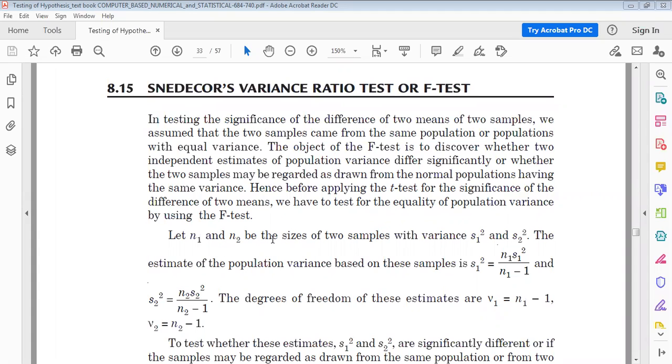Let n1 and n2 be the sizes of two samples with variances s1 square and s2 square. The estimate of population variance based on the sample s1 square will be n1 divided by n1 minus 1 times s1 square, and s2 will be similar. The degrees of freedom v1 is n1 minus 1 and the second one v2 will be n2 minus 1.